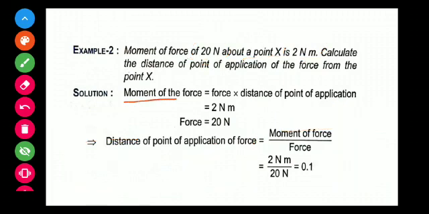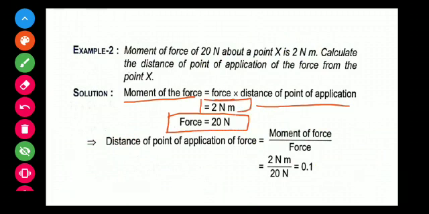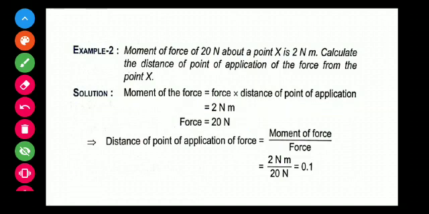We know moment of force is equal to force into perpendicular distance. Given force is equal to 20 Newton, moment of force is equal to 2 Newton meter. Therefore, distance is equal to moment of force divided by force.